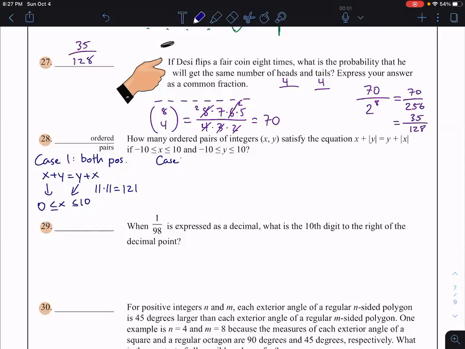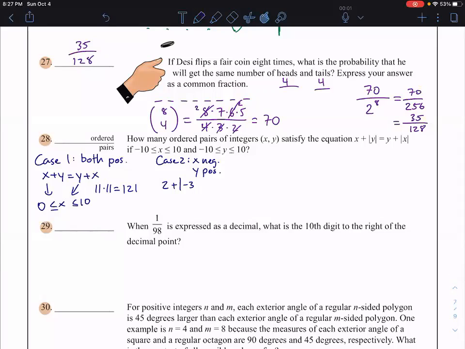Case 2 is when x is negative and y is positive. So in this case, nothing will work because you can just plug in random values.